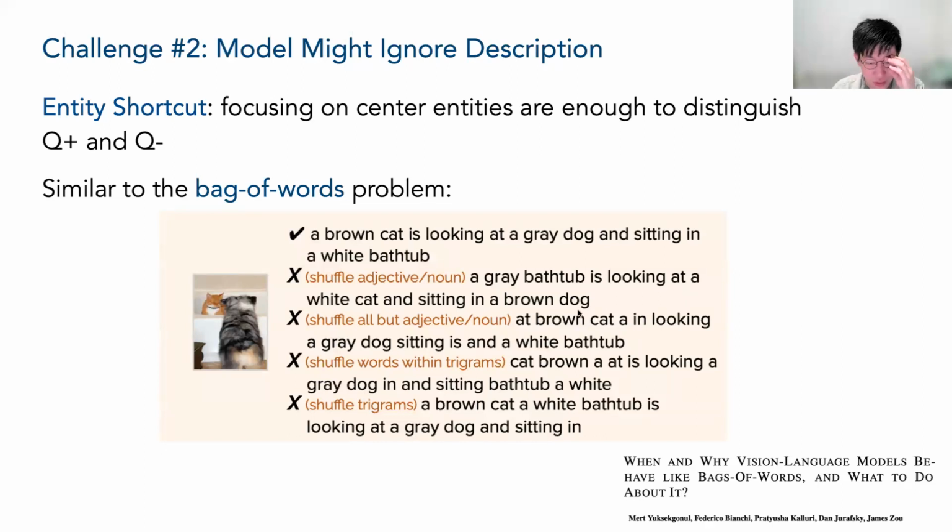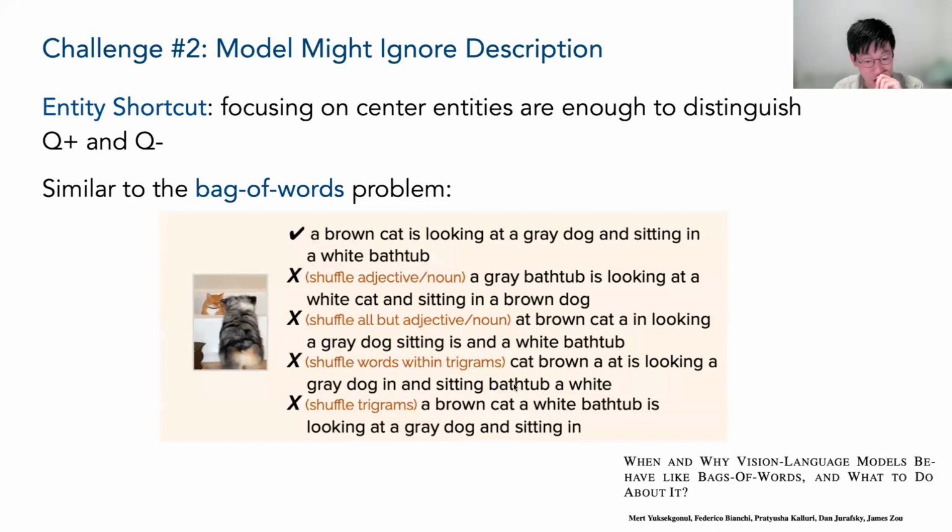This is very similar to the bag-of-words problem previously published in vision, which says that GLIP models tend to ignore word order. This is an original caption: a brown cat looking at a gray dog and sitting in a white bathtub. That paper says GLIP is just not sensitive to any word order switch you do.